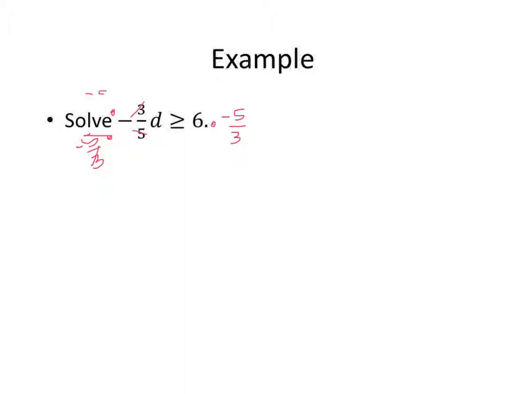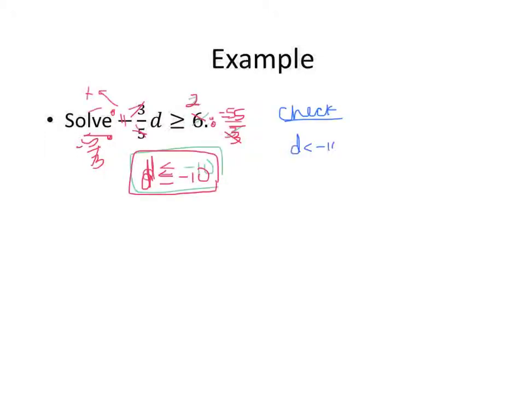A negative times a negative is a positive, leaving you with just D. Because you multiplied by a negative, we're going to reverse the inequality, so it becomes less than or equal to. I'm going to do a little bit of simplifying before I multiply. Negative 10. So D is less than or equal to negative 10 is your answer.